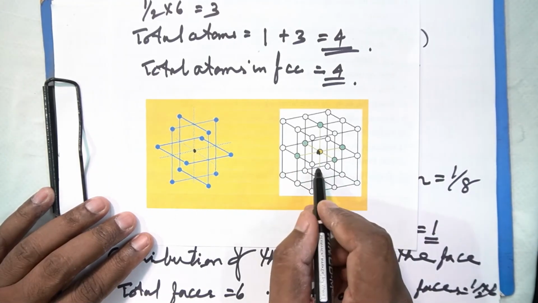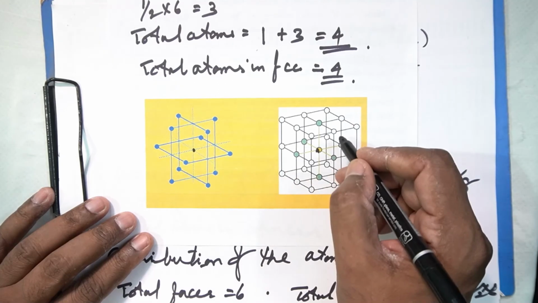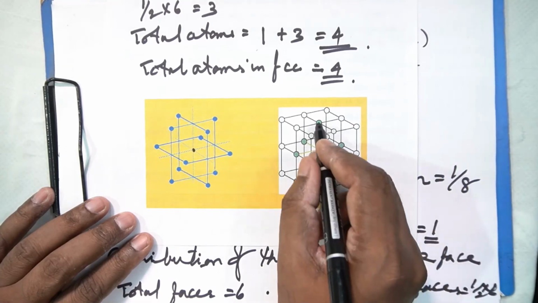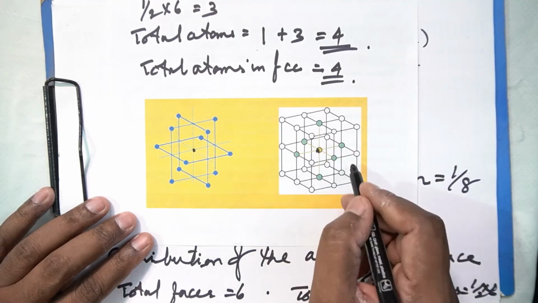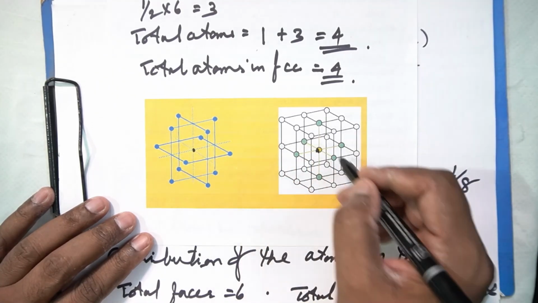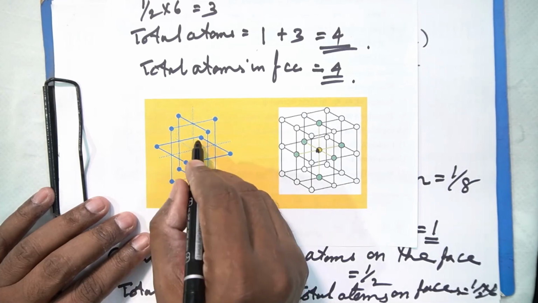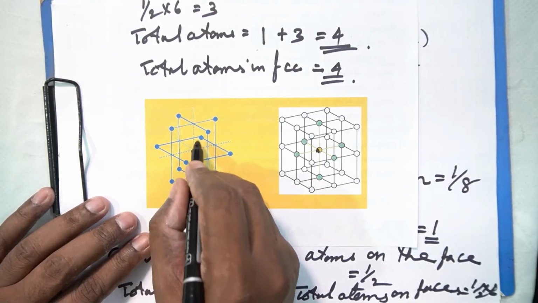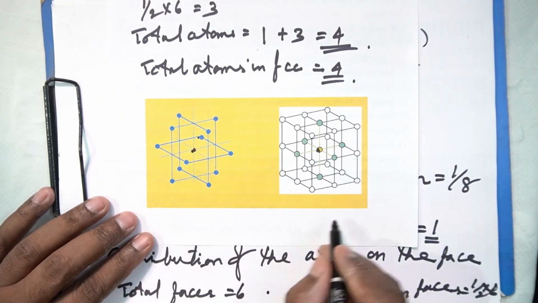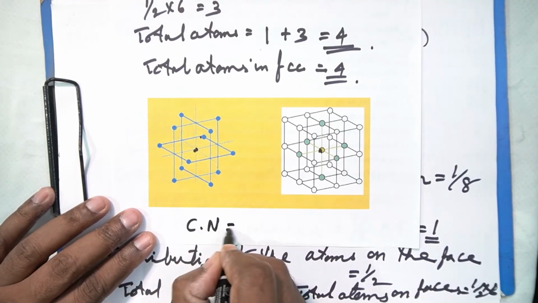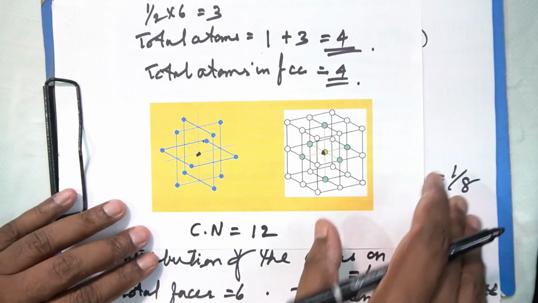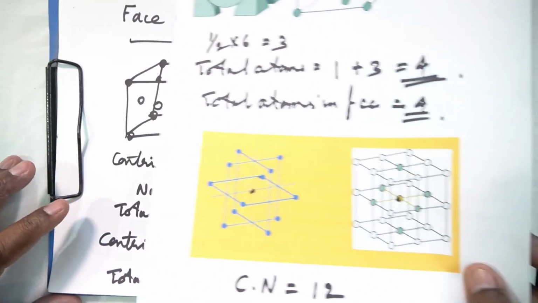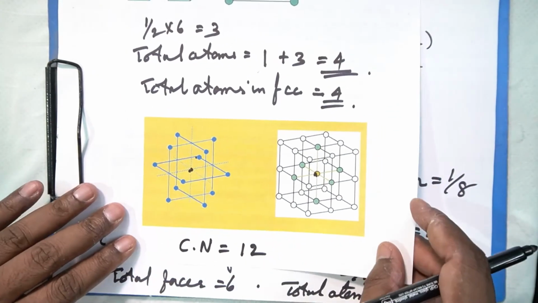That is 4 on each plane, and there are 3 planes. So one plane you have 4, the next plane you have 4, and the third plane also you have 4. So you count these particles, there are 12. So coordination number for FCC is equal to 12. There are 12 immediate neighboring particles for FCC. So that is all about FCC.